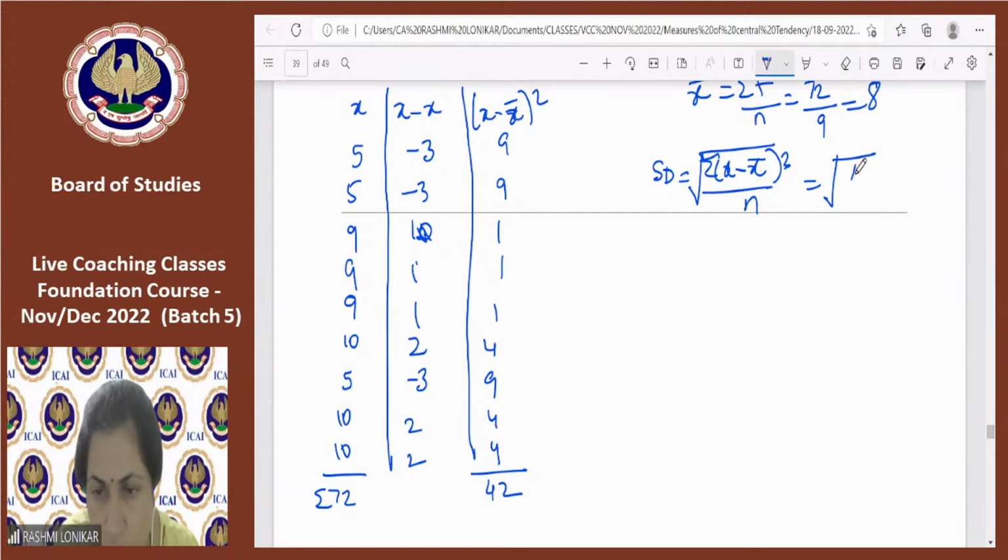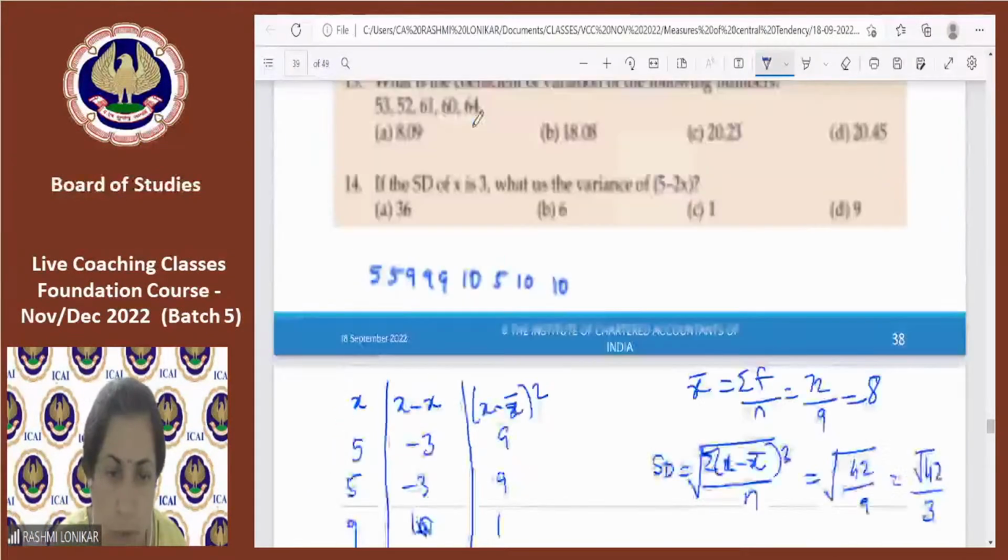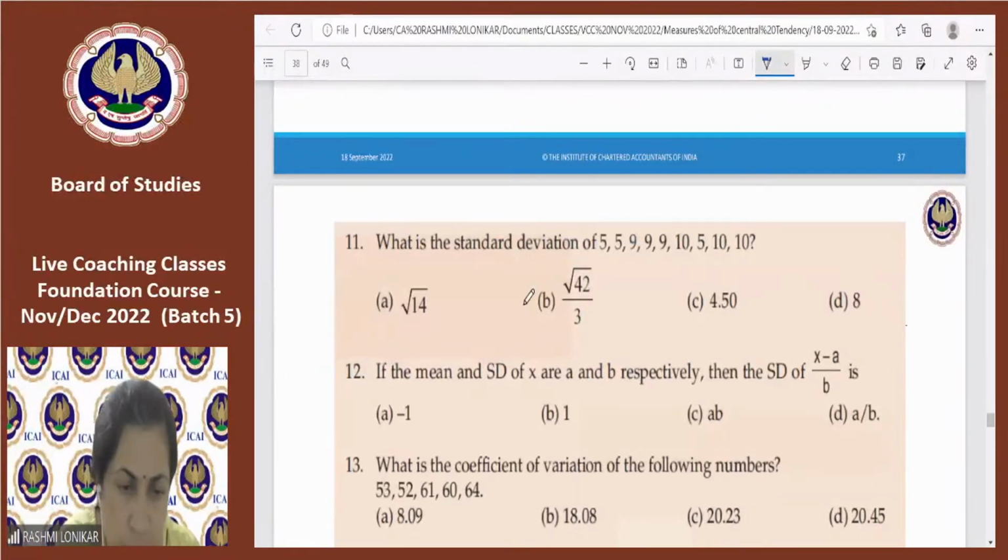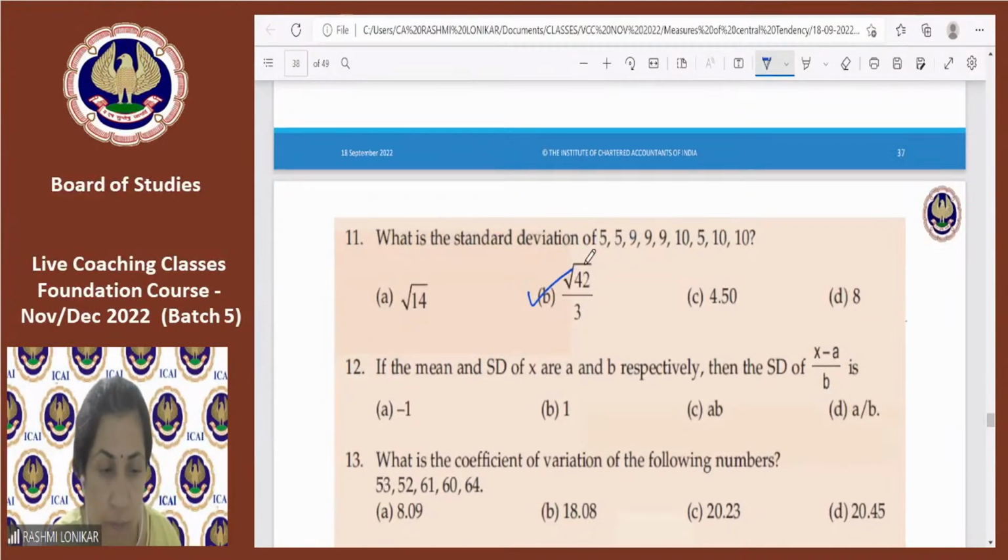So this is 42 upon 9. N is 9. So this will be equal to square root of 42 upon 9. Square root of 9 I know is 3. So square root of 42 upon 3 will be the correct answer. So B will be the correct answer.